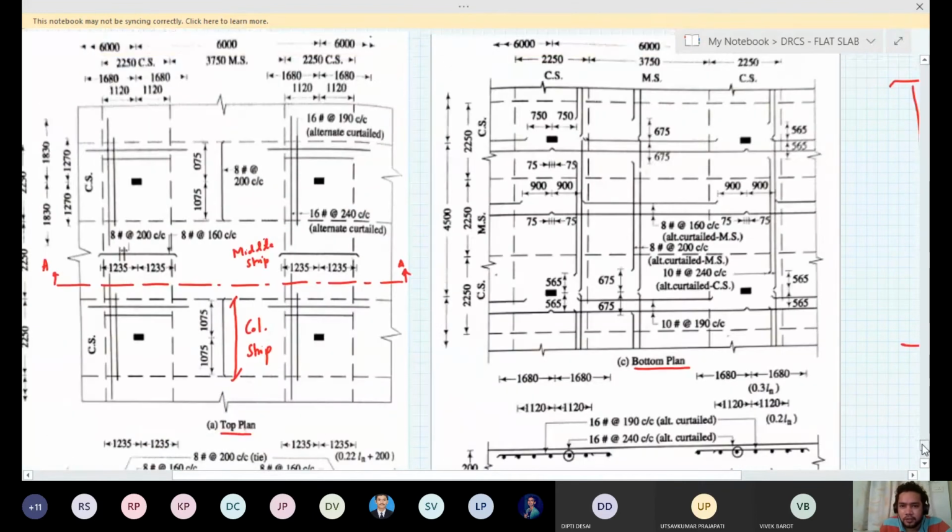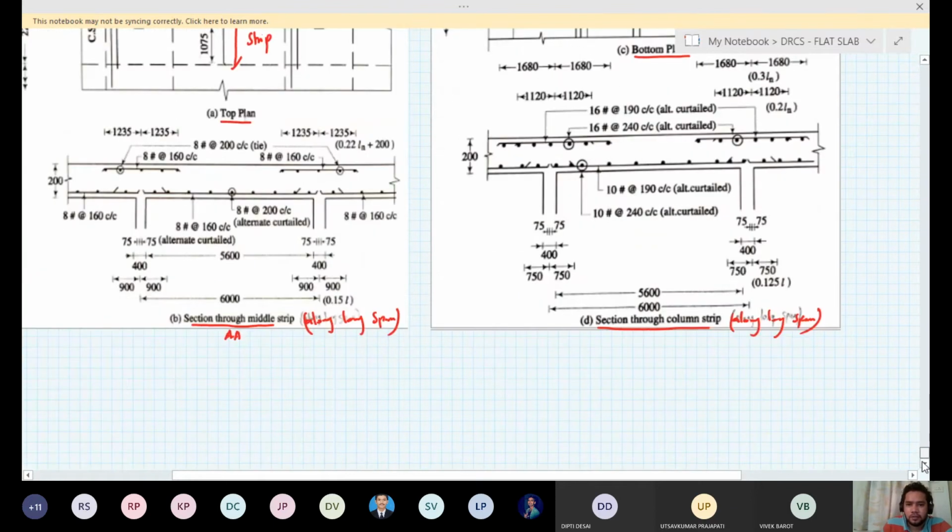So it is here from the column strip. Let us say here, let us say B. Okay, you can write here section BB, and this is section AA.